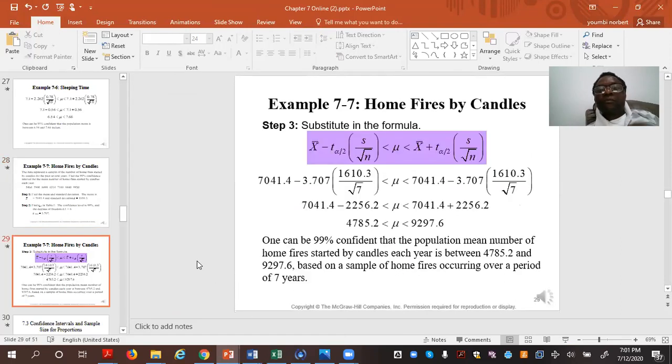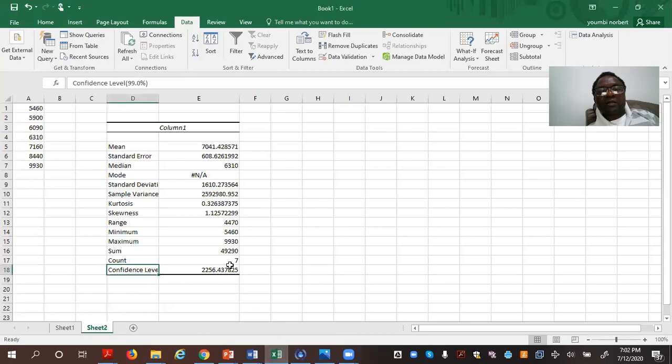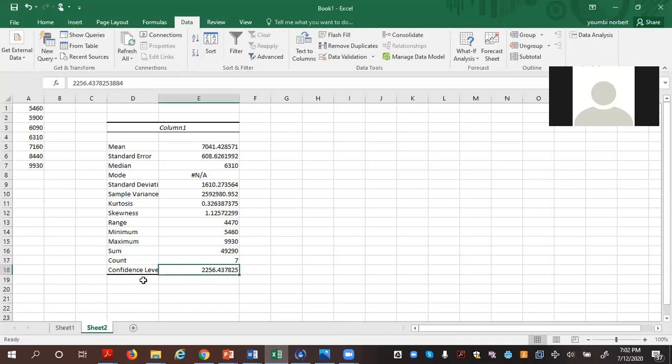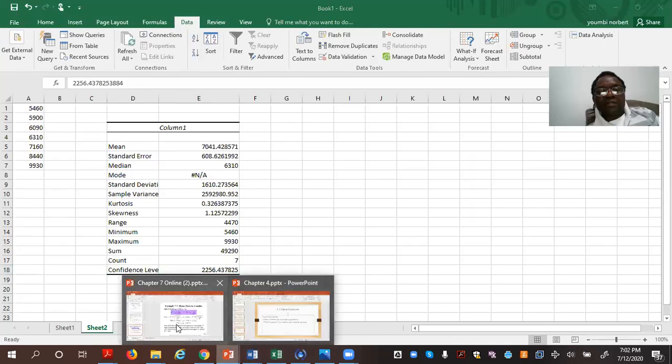Now, look at here. Do you see this formula? 7041. Do you see 2256.2? Yeah. Okay, I want to show you where it is on Excel. It is here. You look at the last line of the Excel result. Do you see confidence level? Can you read the number that you have there? 2256.43. Yes.